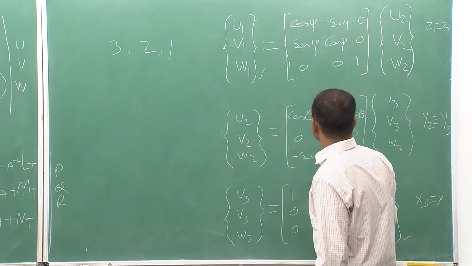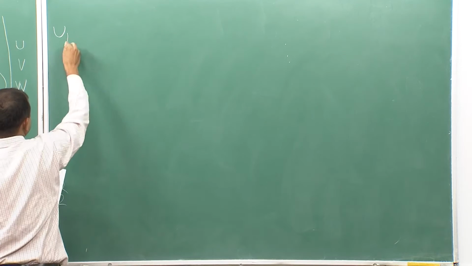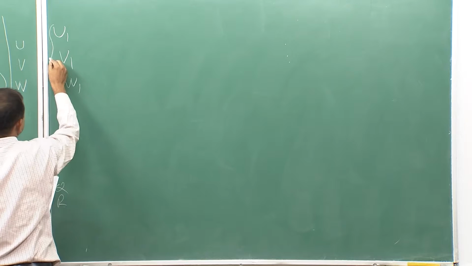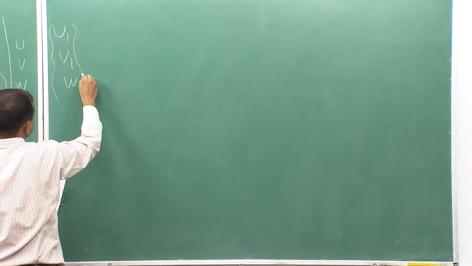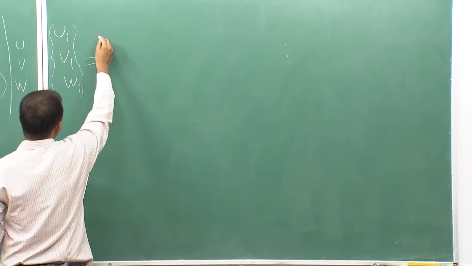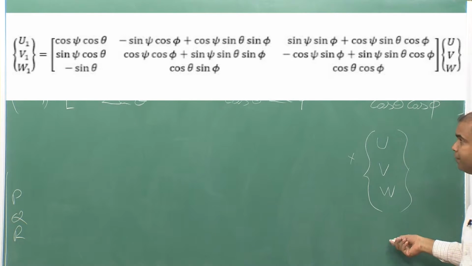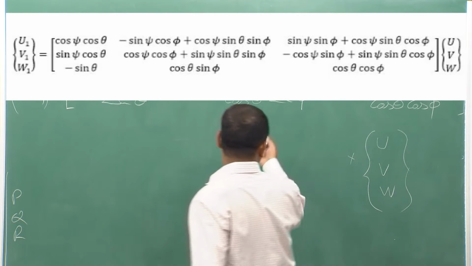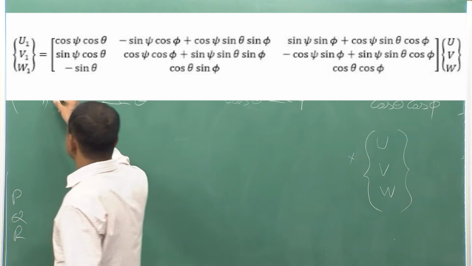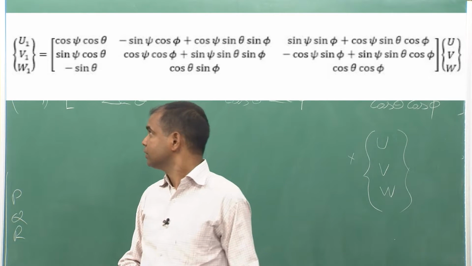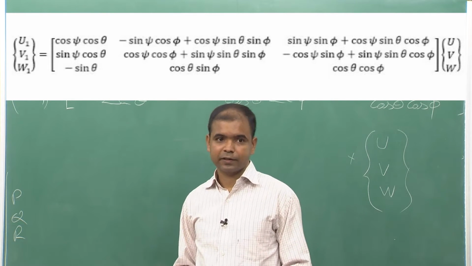If we can combine all these rotations in one equation, we will get in the inertial frame all 3 velocity components, and this can be given by the multiplication of 3 matrices. This UVW is in body frame, and by multiplying this matrix we are able to get U1, V1 and W1. This is in our inertial frame, and this is our desire because we want to find the trajectory.